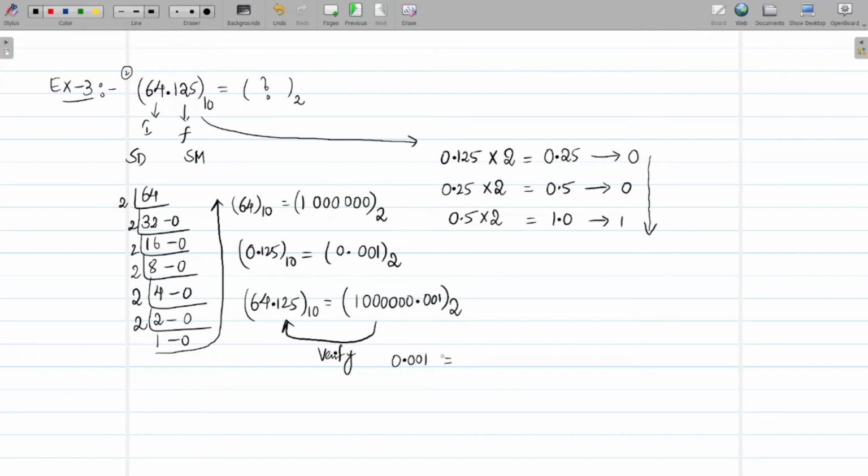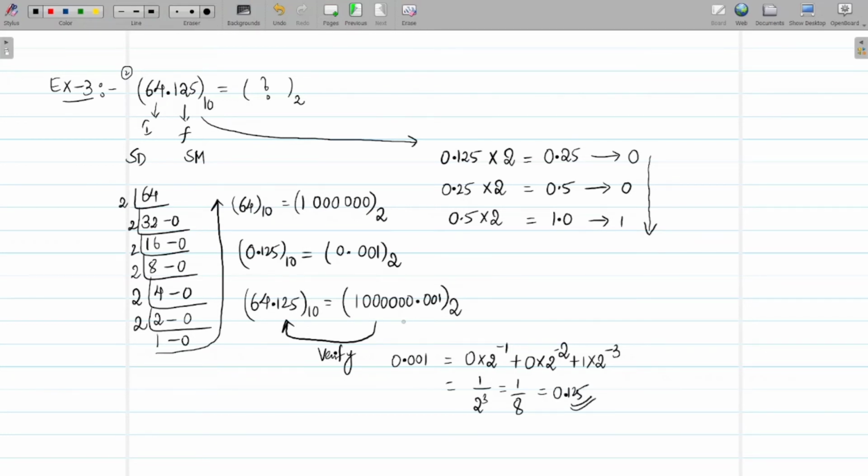So the first 0 is multiplied with 2 power minus 1, plus the second 0 multiplied with 2 power minus 2, plus 1 multiplied with 2 power minus 3. The first two values are 0, and you are left with 1 by 2 cube, which is 1 by 8. So 1 by 8 value is 0.125. This is the same as given in the problem.